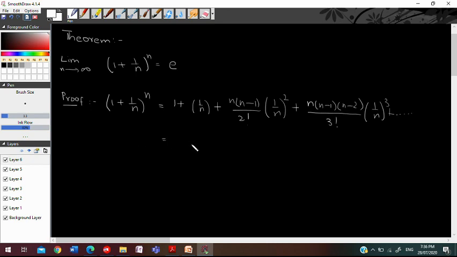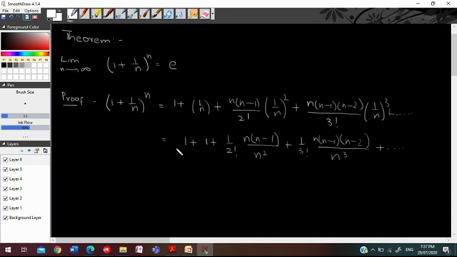And then we get 1 plus 1 plus 1 by 2 factorial, n into n minus 1 divided by n square, plus 1 by 3 factorial, n into n minus 1 into n minus 2 divided by n cube, plus up to so on.